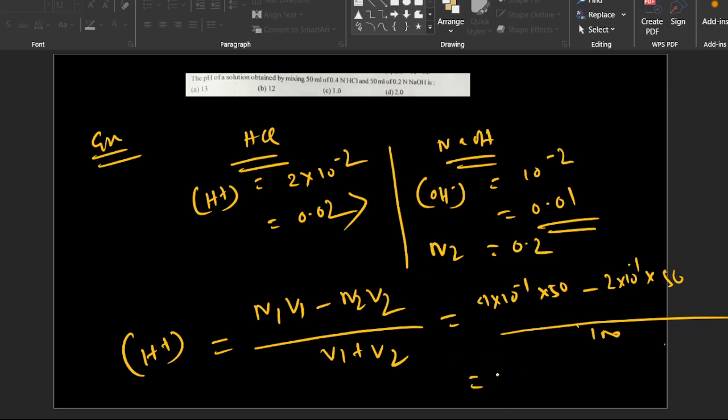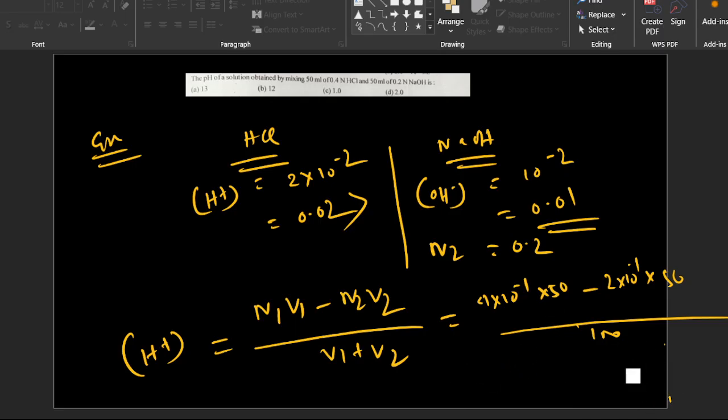So this value becomes 20 minus 10 by 100.